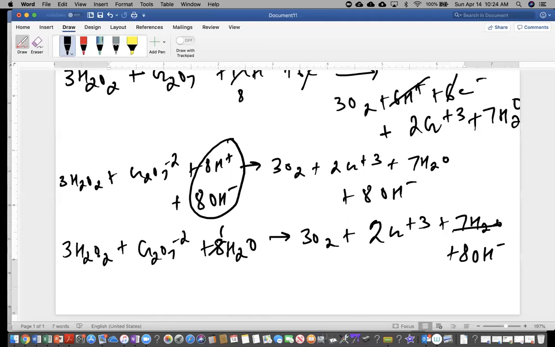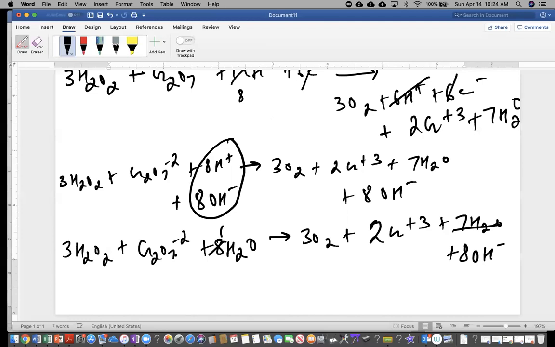So let's see, how many hydrogens do you have? 3 times 2 is 6, and then I've got 2 here, so that's 8. And you can see here I have 8 H. I'm just looking at the atoms, okay? Don't worry about the charge right now. We'll take care of the charge later. Then I've got 3 times 2, 6 oxygens, and then 7 oxygens.